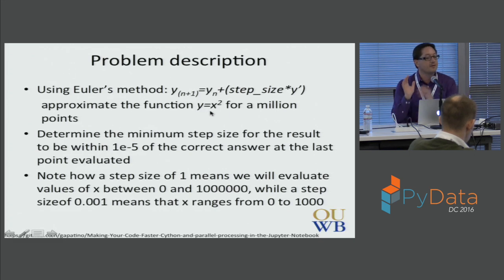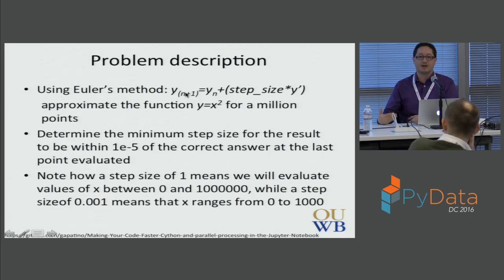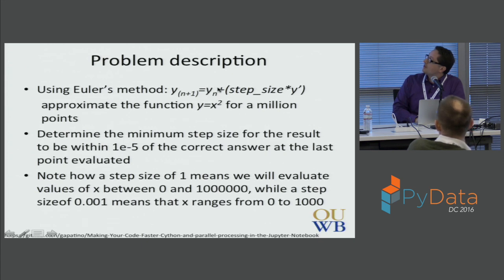For that, we're going to use a very simple method to numerically solve differential equations called the Euler method, in which we start with a value that we know for x squared. Then to calculate the following value, we take that same value and add a step size that we have determined times the derivative of the function. That's all we are going to try to do.